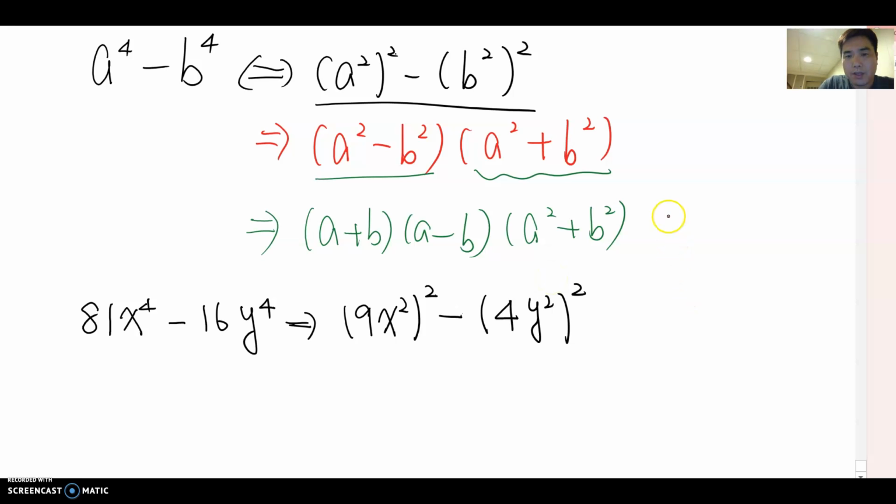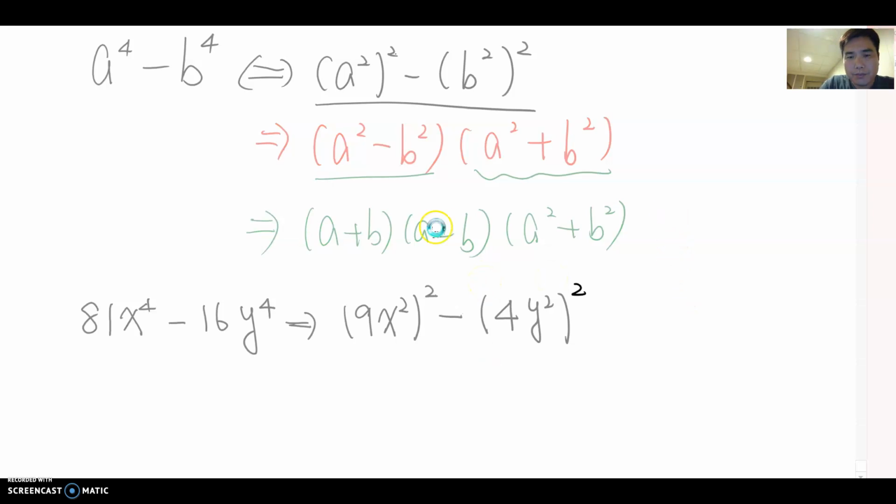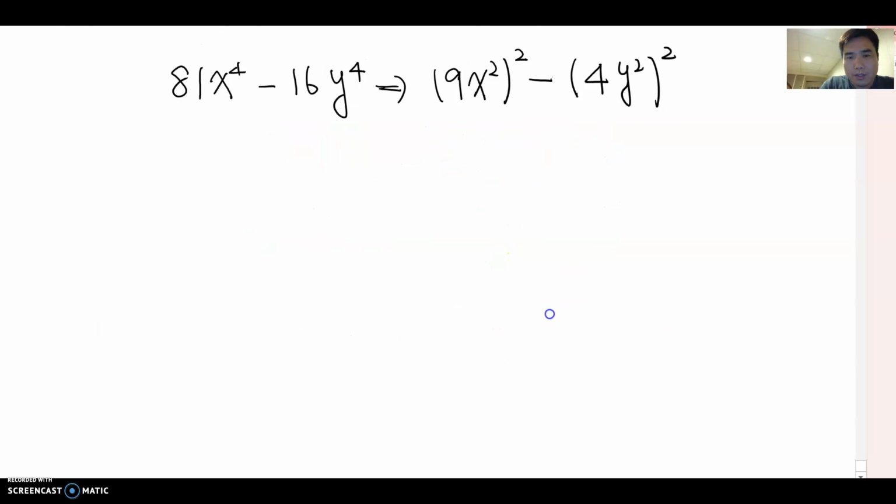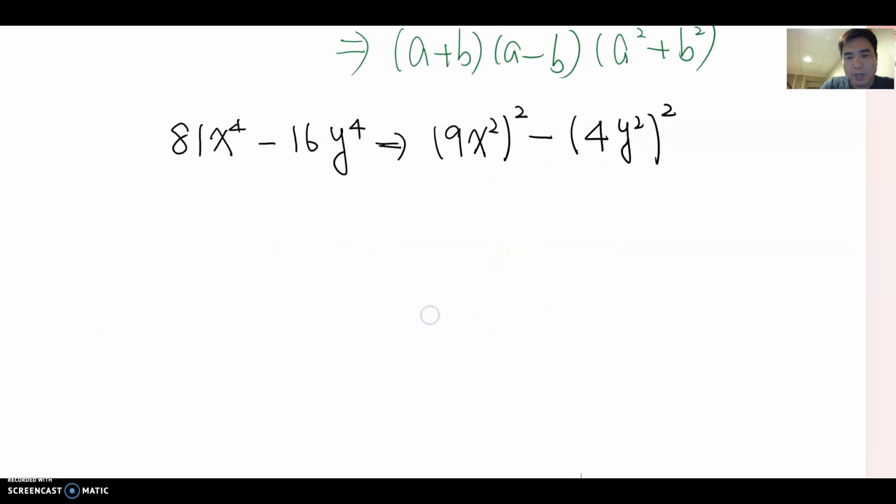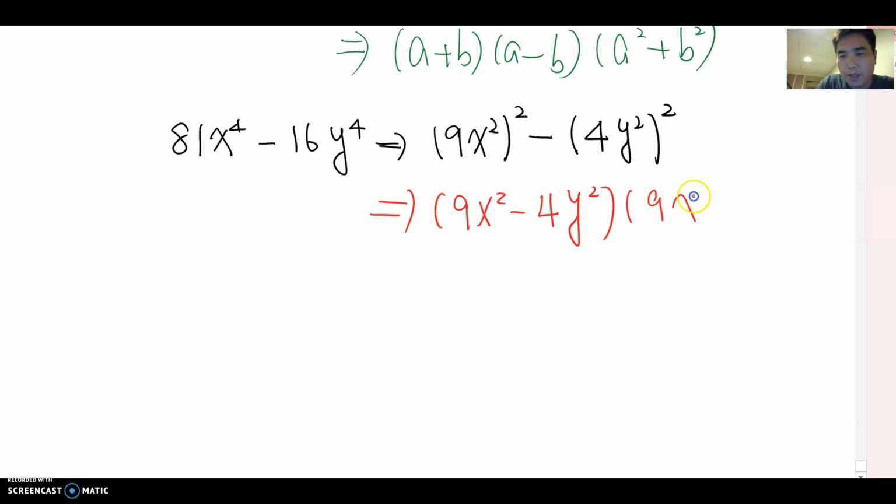Okay, then now we have completed the square form. So now we can do binomial factoring. So this becomes 9x squared minus 4y squared, and then 9x squared plus 4y squared.